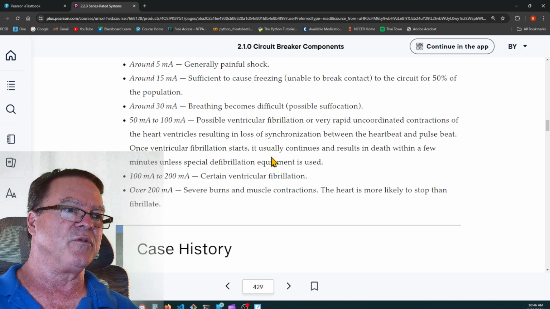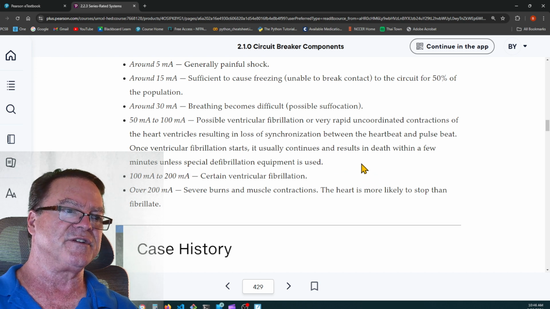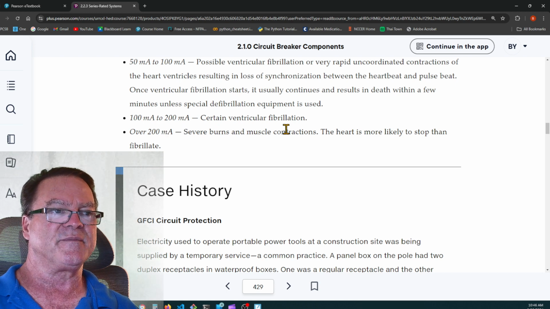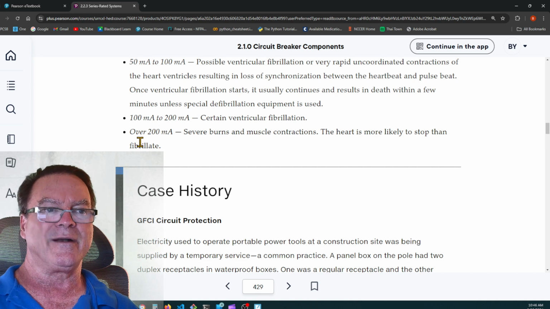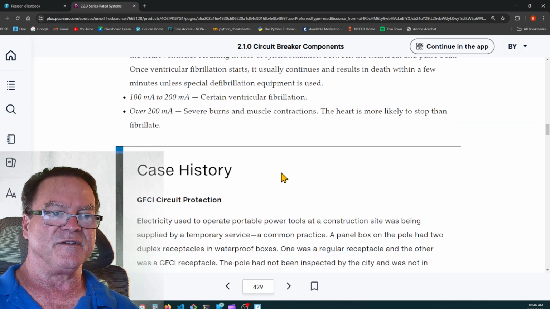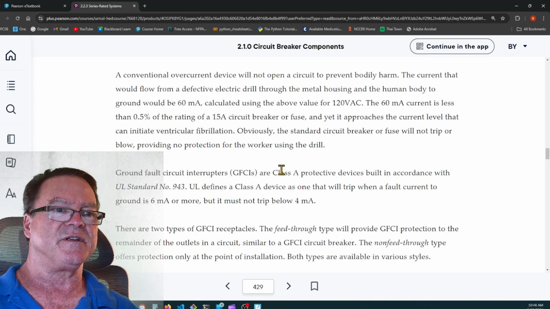Once ventricular fibrillation starts, it usually continues and results in death within a few minutes unless special defibrillation equipment is used. 100 to 200 milliamps, certain ventricular fibrillation. That's why you need a defibrillator. And over 200 milliamps, severe burns and muscle contractions. The heart is more likely to stop than to fibrillate. All right. I'm not going to read the case history.